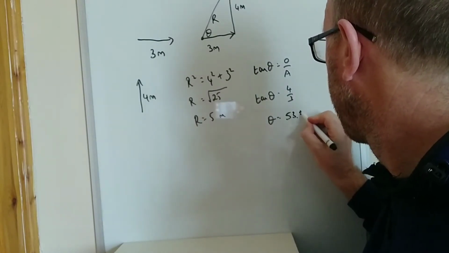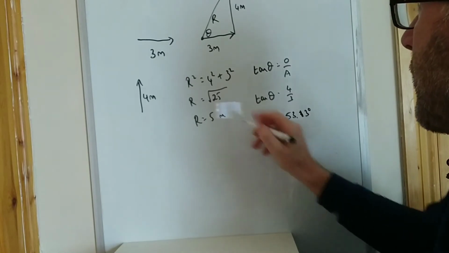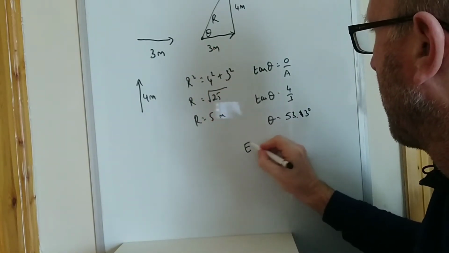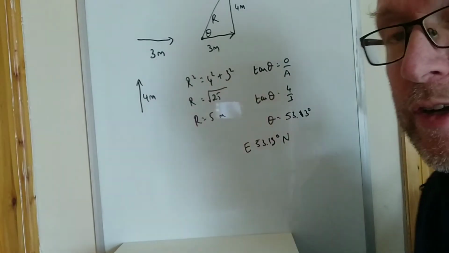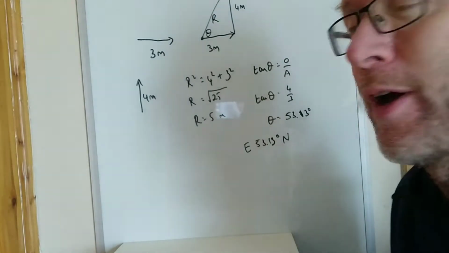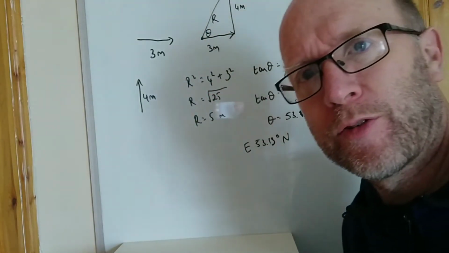Now, if you like, you can call that east 53.13 degrees north to give the direction, the exact direction. But if you have the diagram drawn, you've done that by showing it on the diagram, so you're sorted.